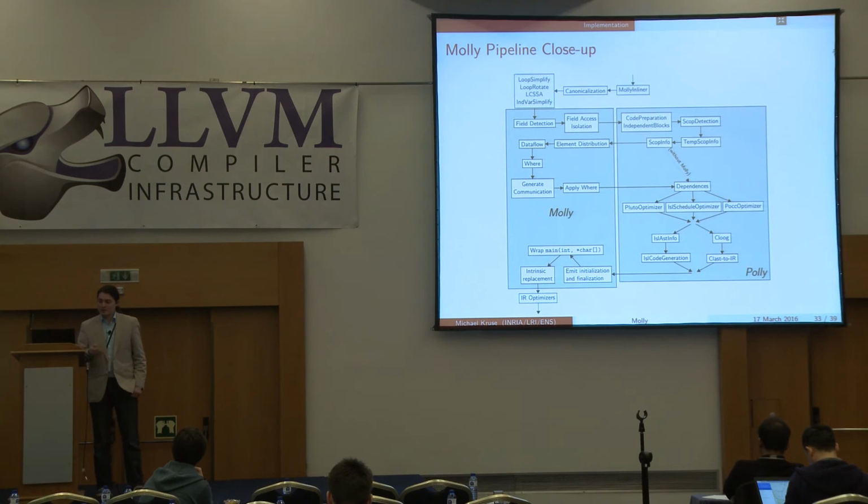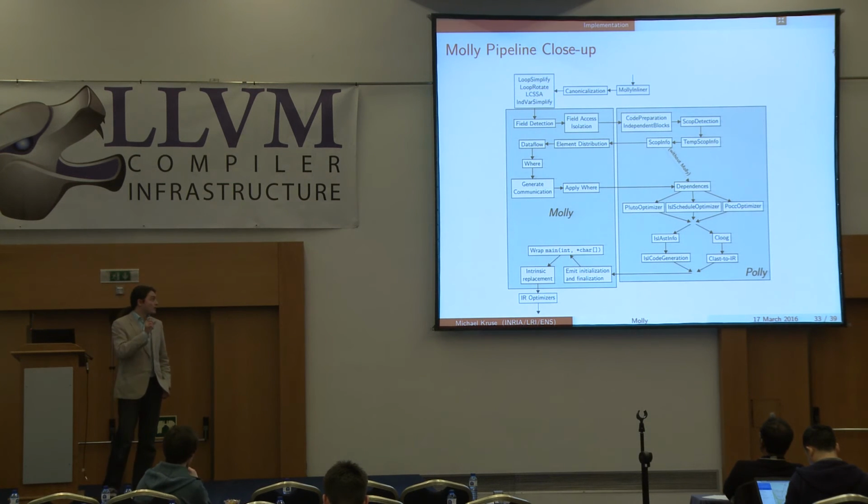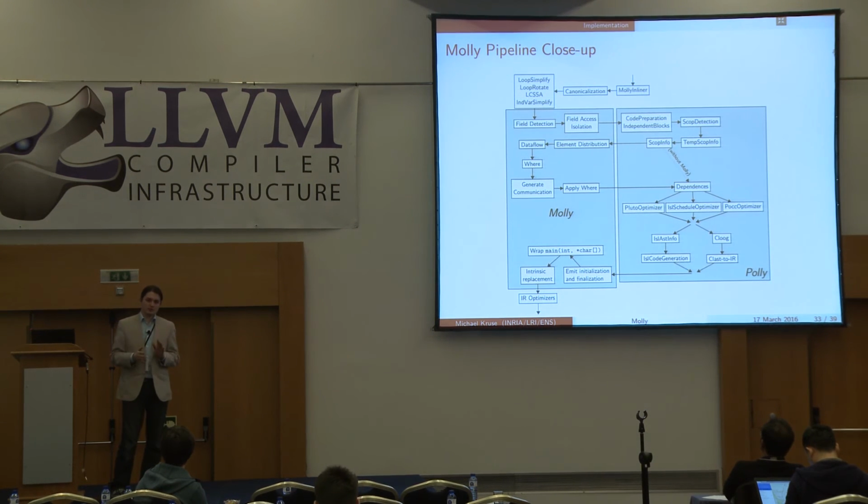In the case of Molly, this process is intercepted, and we analyze what the data flow is, what communication patterns we need to insert, and so on. Only when this information has all been provided and the scop description has been modified, is it given back to Polly.